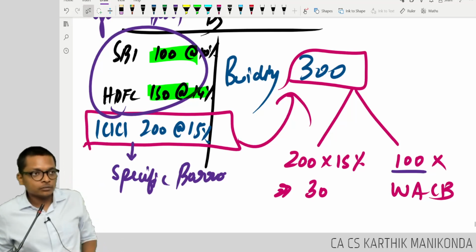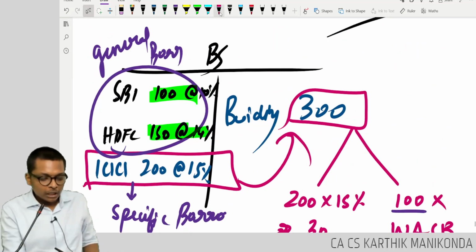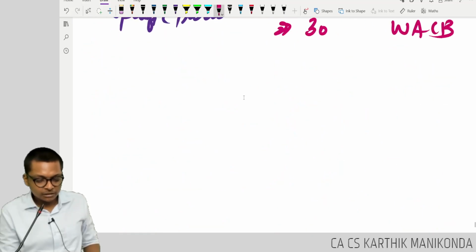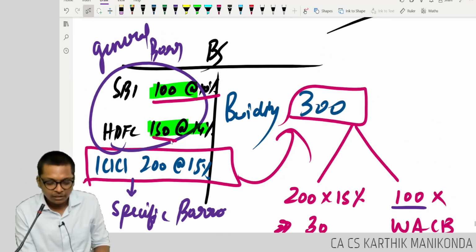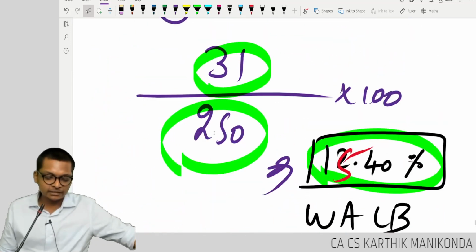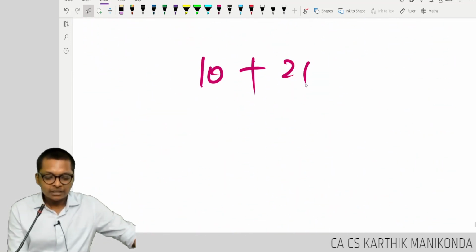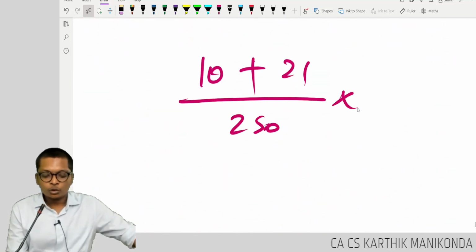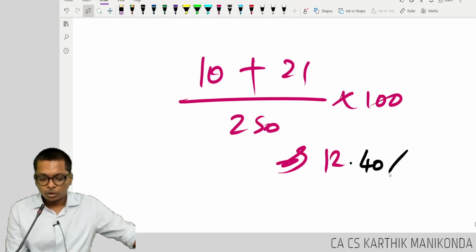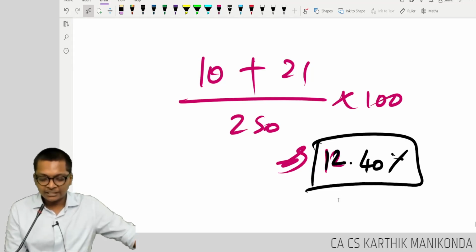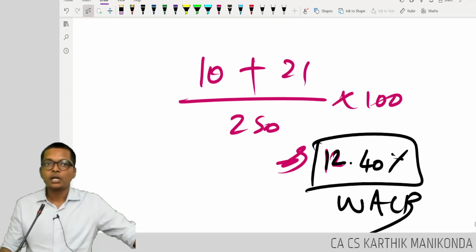Again I will do 100 into 10%, how much? 10, plus the same numbers because we use the same example, 150 into 14%, how much, guys? 21, divided by total loan of 250, into 100. You will get the same answer. How much? 12.40% is my weighted average cost of borrowings.